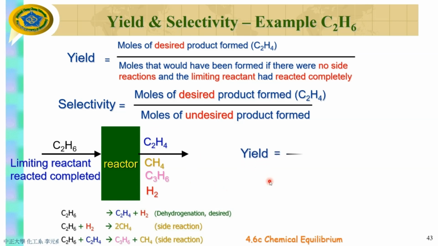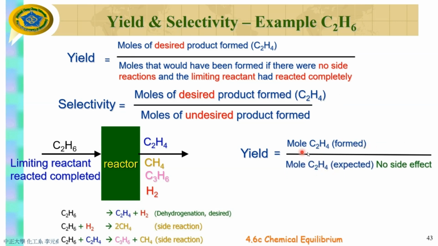So what happened to the yield? Yield is, as we know, the moles of C2H4 formed, divided by the moles of C2H4 expected if there's no side reaction. And how about selectivity?